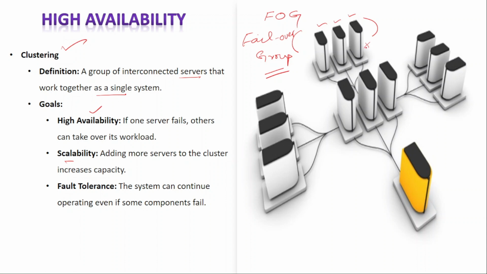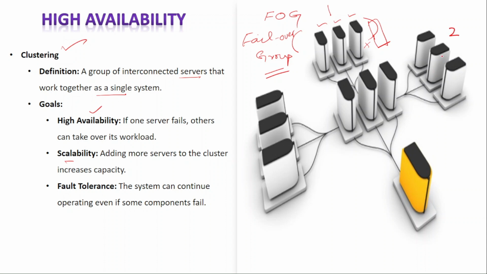So of course, let's suppose if your users are increased and you want to increase the capacity, you can add another server over here, or even you can make another fog. For example, this is fog 1. If the users are increasing and you want to add another fog, you can add another fog.